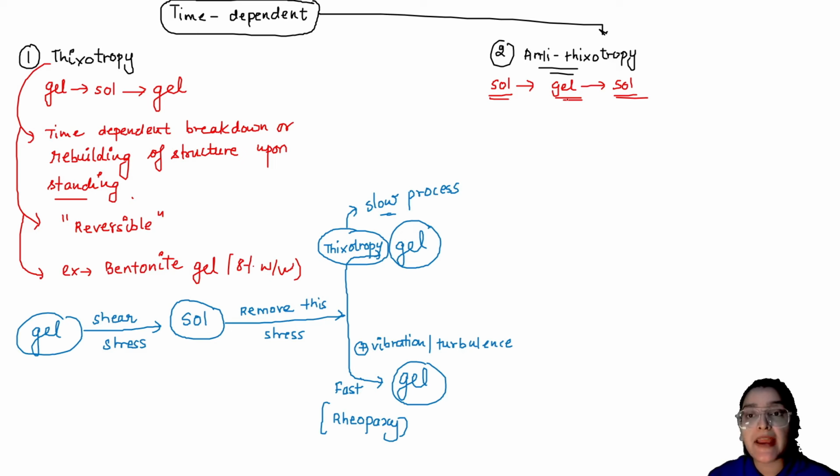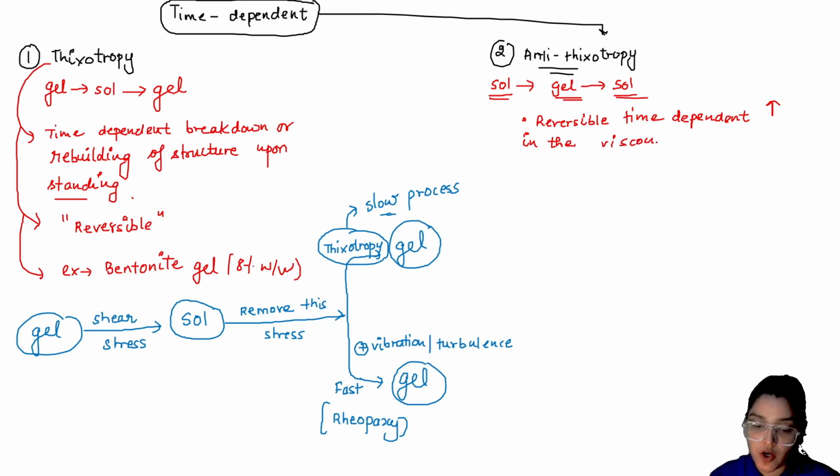In case of anti-thixotropy, what happens? You should write it is also reversible, time dependent, but here there is an increase in the viscosity, time dependent, but increase in the viscosity at a particular rate of shear.